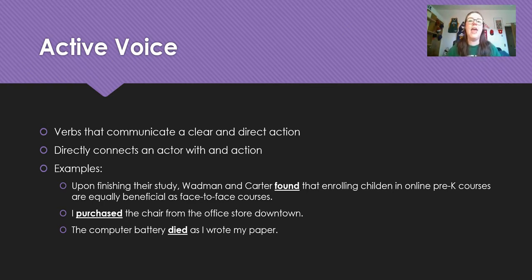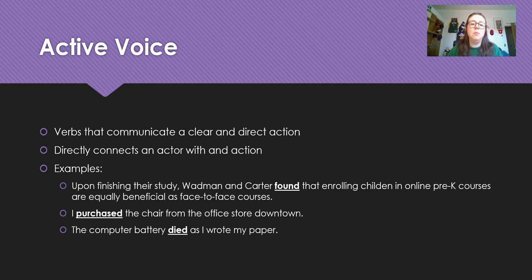And so they can invoke their own experiences and their own time, perhaps buying products or even a chair from an office store to help them better understand what it is you're trying to say and help them realize what you are introducing into your writing through including that sentence.